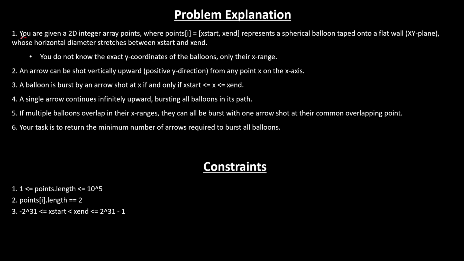So you are given a 2D integer array points. Okay, so an array is given with the name points. The points[i] represents x start, x end, a spherical balloon taped onto a flat wall in an xy plane, whose horizontal diameter stretches between x start and x end.